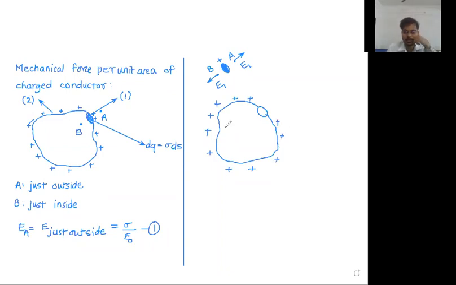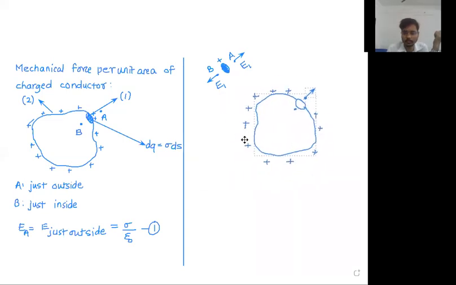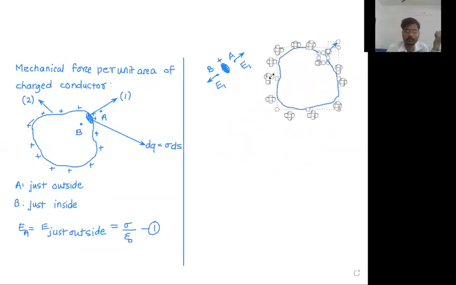Now because of this remaining conductor, whatever the value of electric field at this point and whatever the value of electric field at this point, both these values I want to take same, not only same in magnitude but also same in direction, because these two points, point A and point B, are very close to each other.